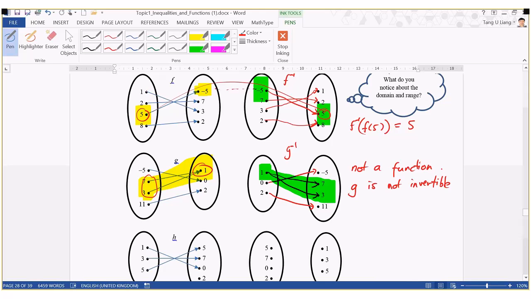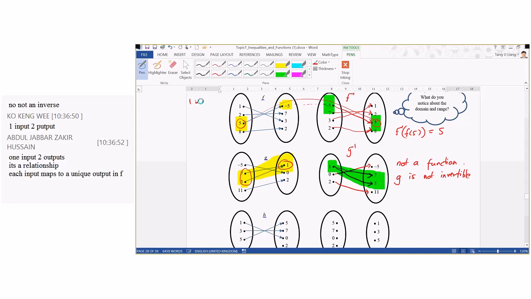Okay, one input, one output. So one input, yes, that's right, one output. That's F. Whereas in G, 2 inputs to 1 output. So you see that? That's the main difference between F and G.